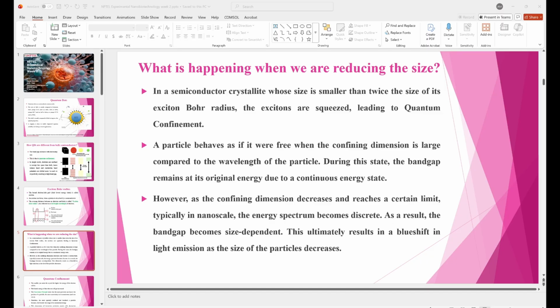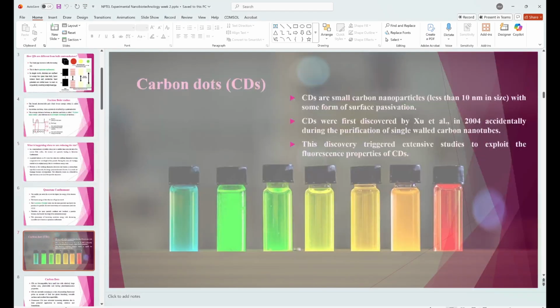Have you heard of carbon nanotubes? Anybody who has heard of carbon nanotubes? Can you tell me what carbon nanotubes are in brief?